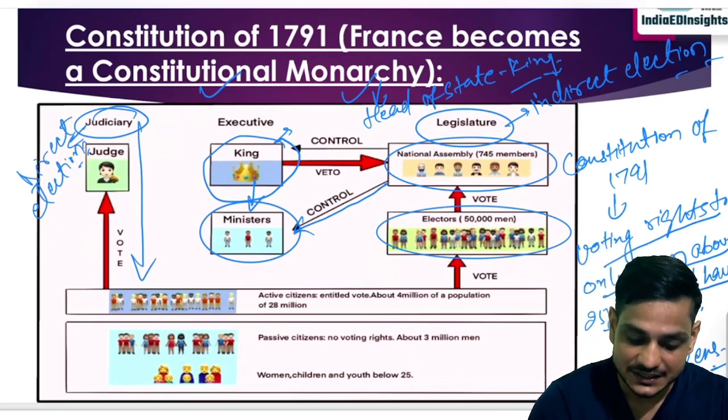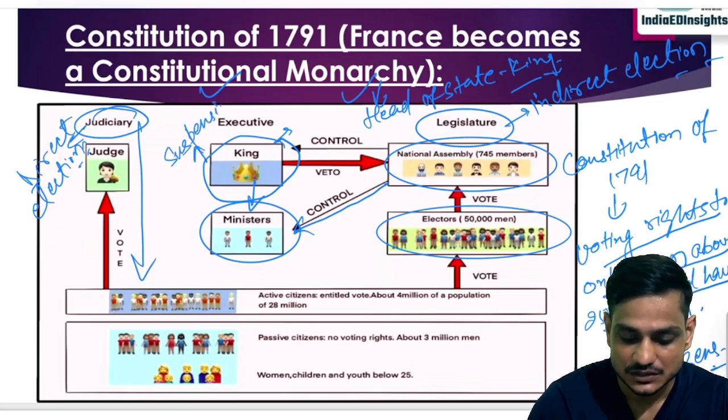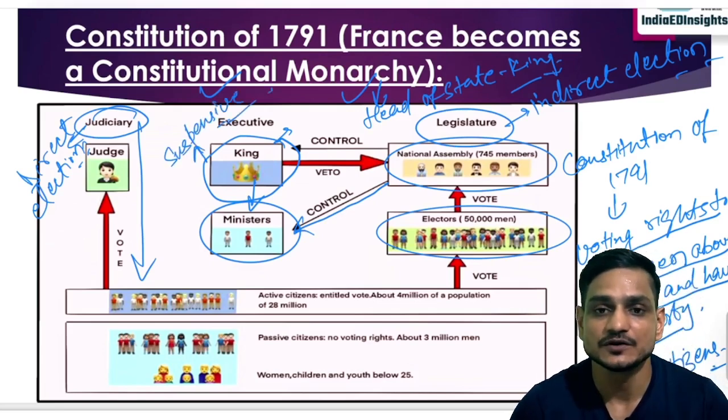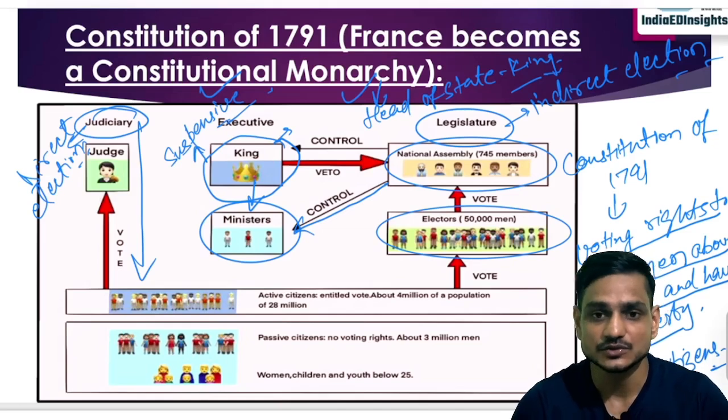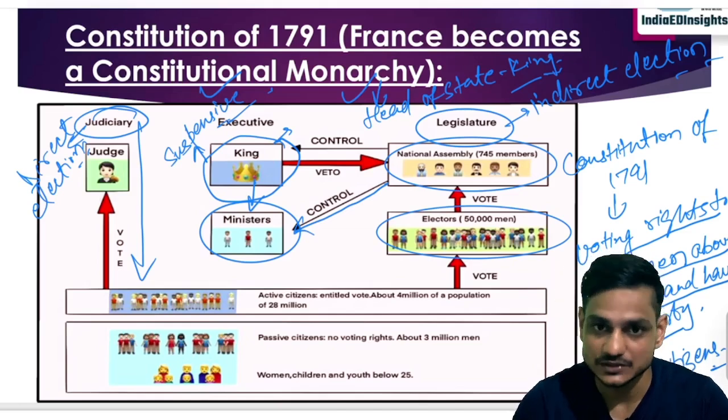Next, the king has suspensive veto. So there are certain vetoes. Veto power means highest authority; if someone wants to do something and I vetoed it, it means that decision will never be implemented. वीटो मीन्स होती है एक पावर जिससे कि सारे जो लोग हैं उनकी बातों को दरकिनार करके उसकी बात को आगे माना जाएगा.